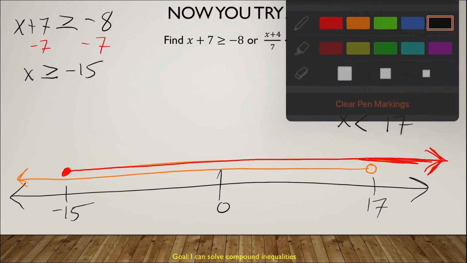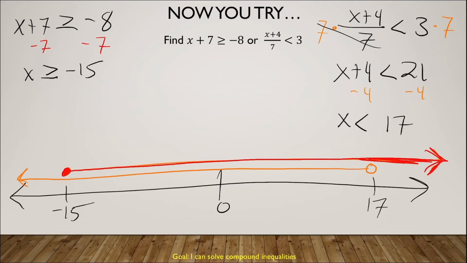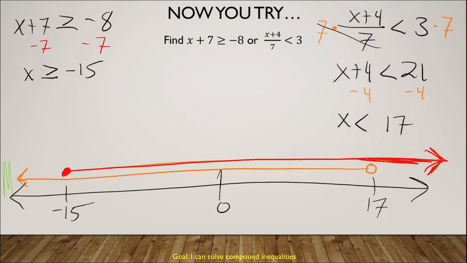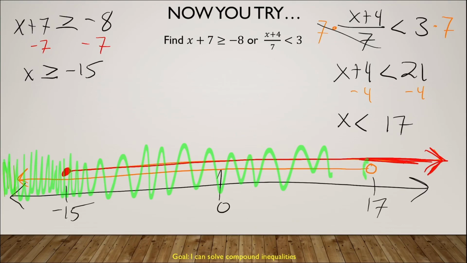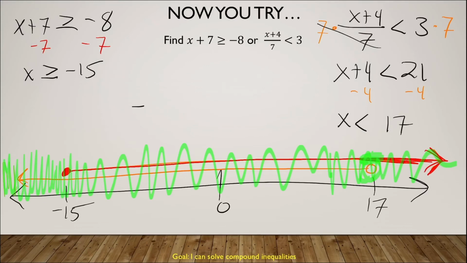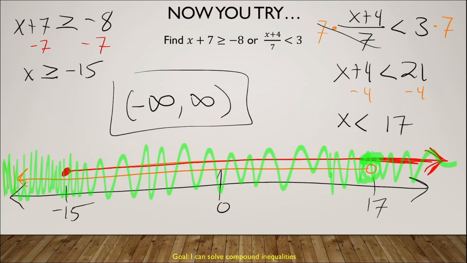So with this OR comparison, it's anything that appears on at least one of the inequalities or both, so it's a combination. I have everything from negative infinity all the way up to, even though I have this circle right here at 17, it's covered on this red inequality, so it's okay all the way to infinity. So everything's covered on at least one of the inequalities, so I would say from negative infinity to infinity, and there is my interval notation.